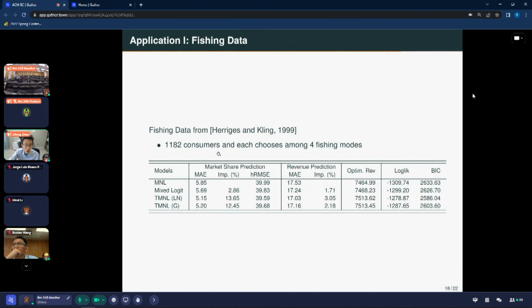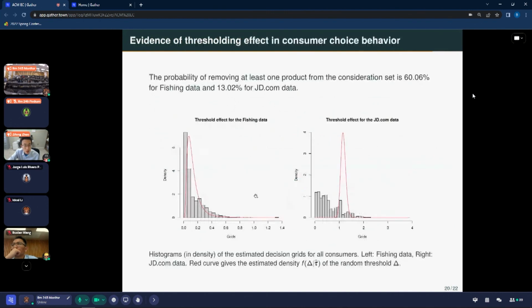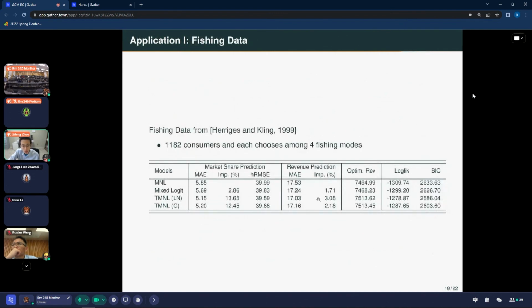For the phishing data, it improves, for example, revenue prediction by around 3%, and improves market share prediction by more. For the JD.com data, it also improved the revenue prediction accuracy. But in general, for the JD.com data, the improvement is lower than for the phishing data.